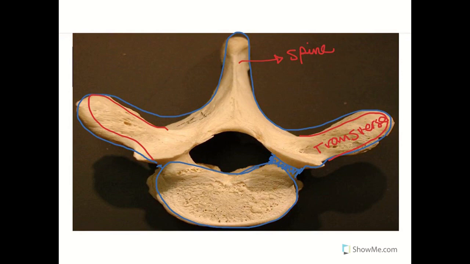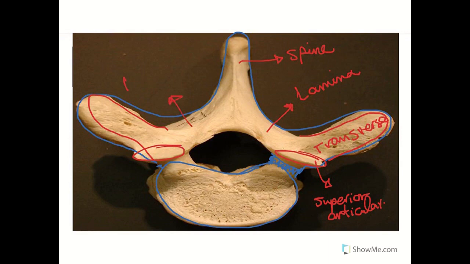And here, these are the superior articular facets. Two superior articular facets. And we have another two if you look at the vertebra from the inferior surface. This part of the bone is called the lamina of the vertebrae. We have two laminae of the vertebrae.